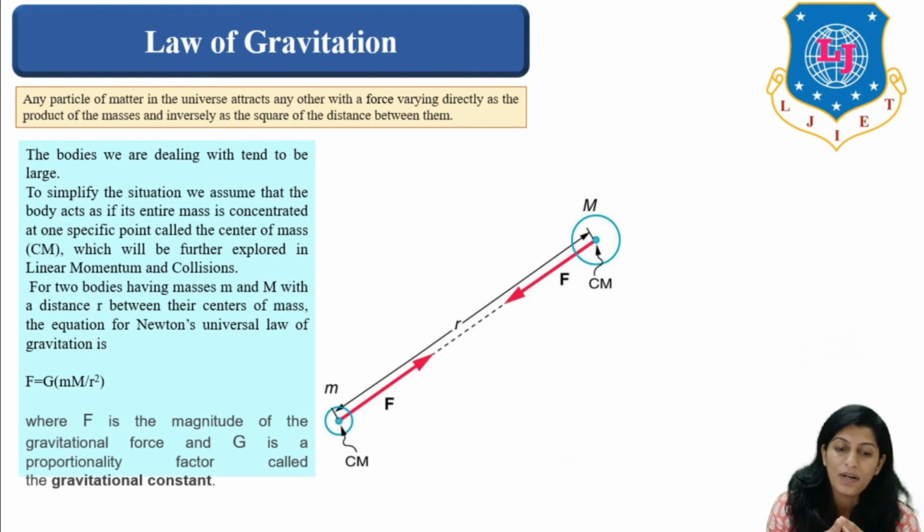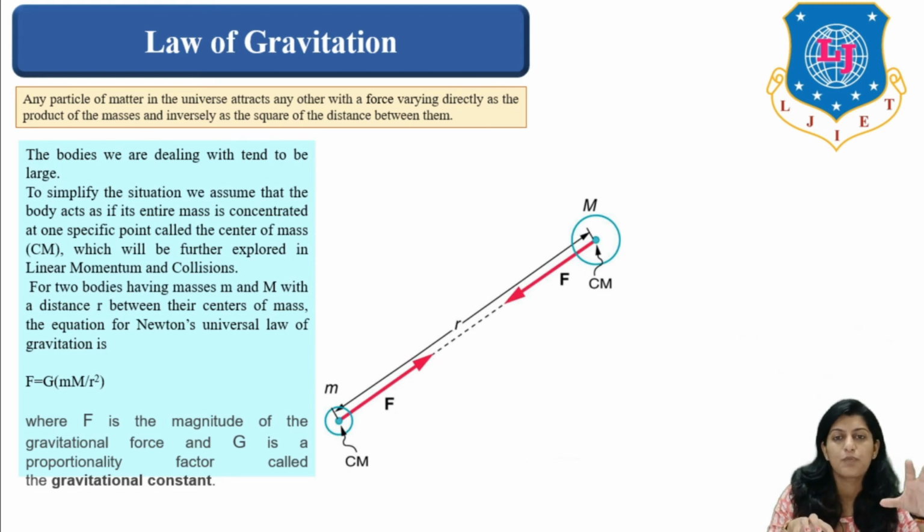So for two bodies having mass m and capital M, here we have considered two bodies, one with mass small m and another with mass capital M, right? There is a distance r between both of them, and this r is the distance between the centers of both the masses.